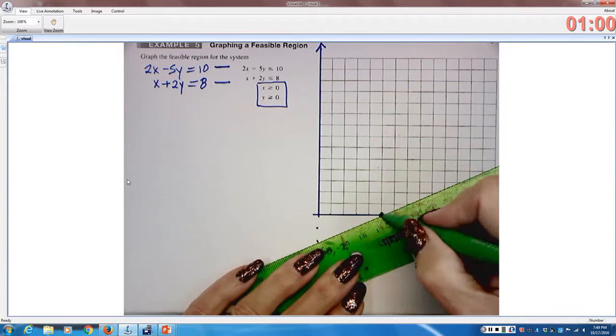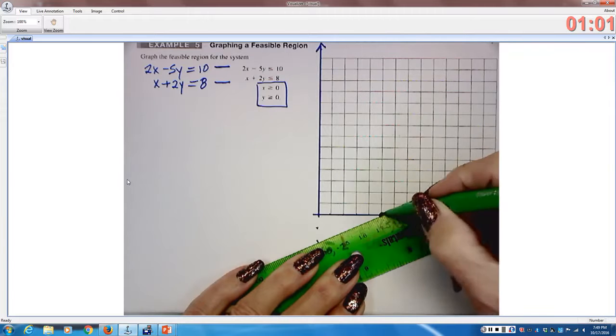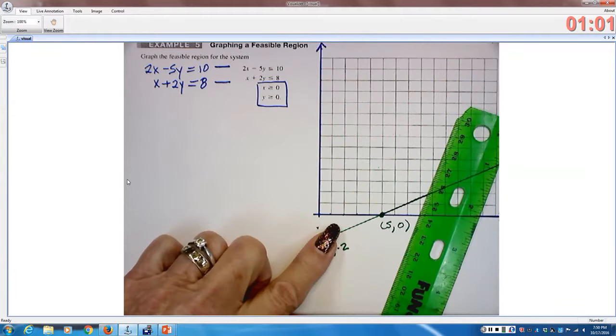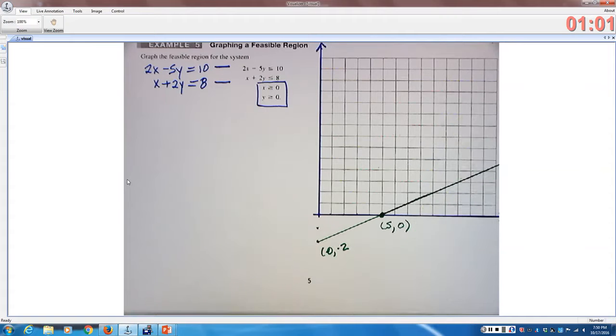So my line needs to go like this. It would continue on down here, but this part is not going to be part of my feasible region because it's where x is below 0 and y is below 0 also.